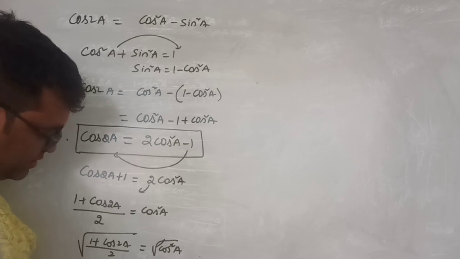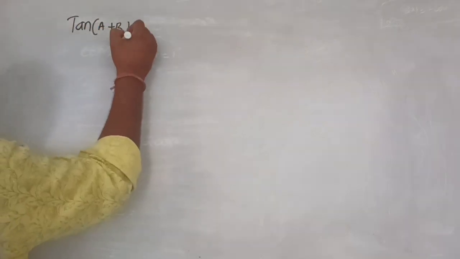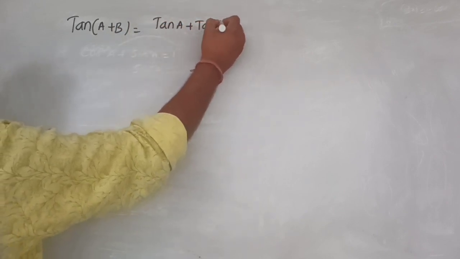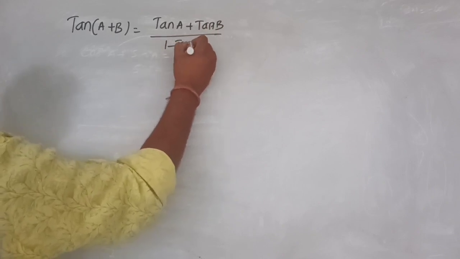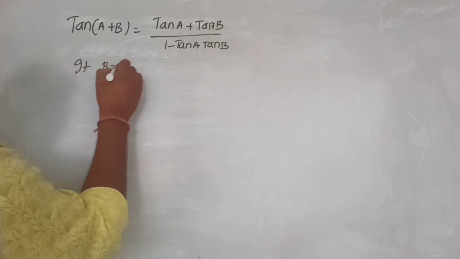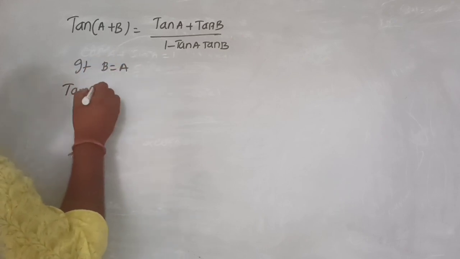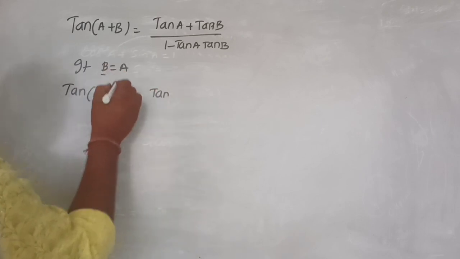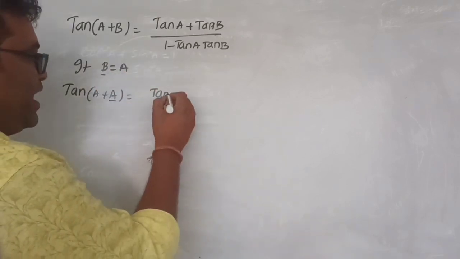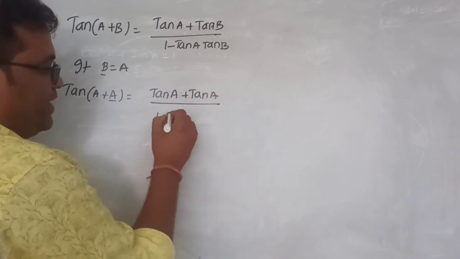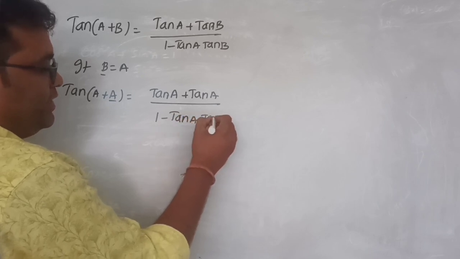The tan a plus b formula is equal to tan a plus tan b by 1 minus tan a tan b. So if b is equal to a, tan a plus a is equal to, in place of b substituting a, tan a plus tan a divided by 1 minus tan a into tan a.